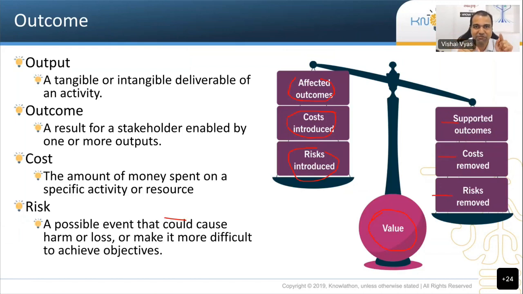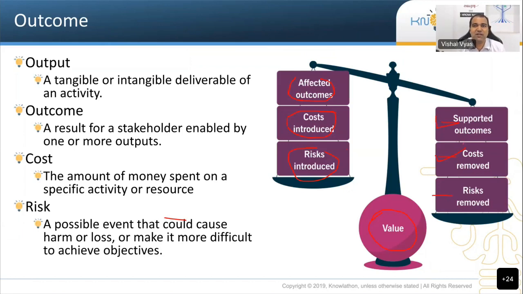So for every person, for every customer, for every individual, the sum total of this value is going to be different. Are you getting it? Yes. Right. So when a service provider proposes value, when a service provider tries to sell you a service, the service provider will focus on what outcomes that service provider is supporting, what cost that service provider is taking off from you, what risks that service provider is managing for you.